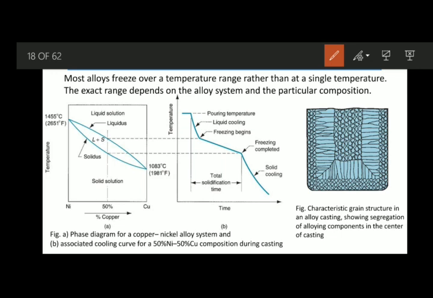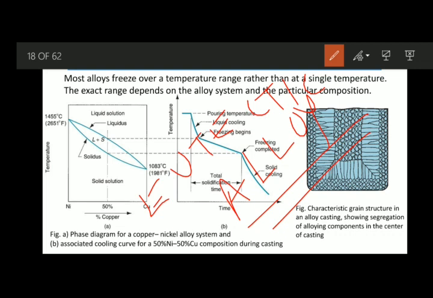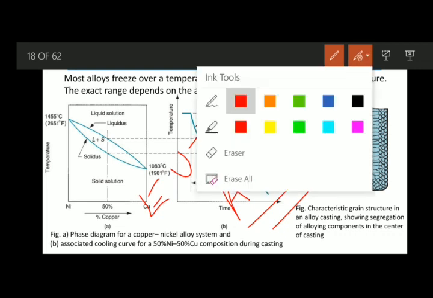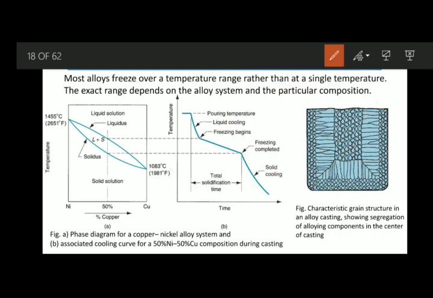That means the behavior will be just like the solidification of a pure metal. So you must remember that in case of eutectic alloys, the solidification behavior is somewhat similar to that of pure metal.